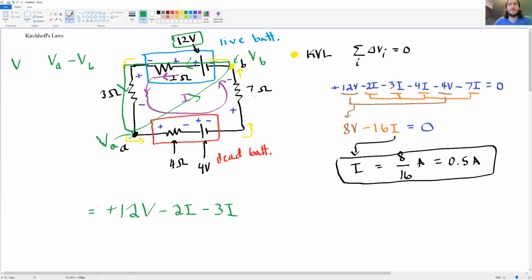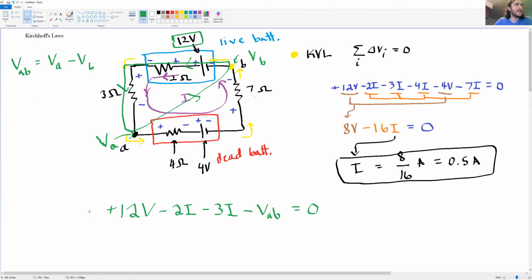And this right here, this VA minus VB is the same as VAB. So VAB equals VA minus VB. So if I get to the point A here and I cross from A to B, that's like saying minus VAB. And then this thing has to be equal to 0, okay? So this thing has to be equal to 0 here.